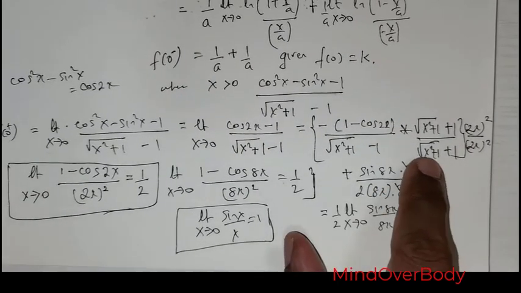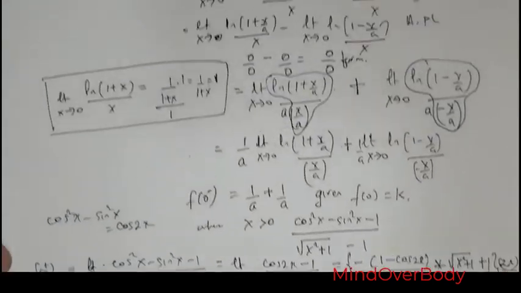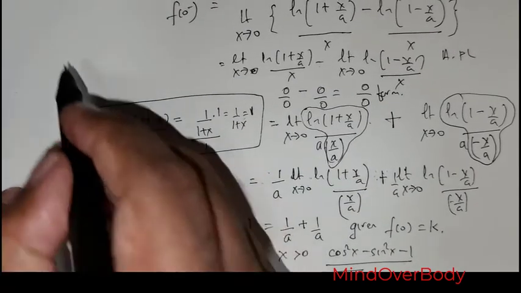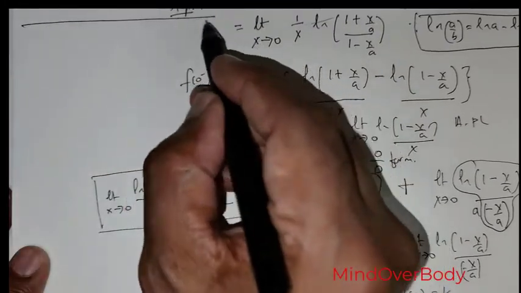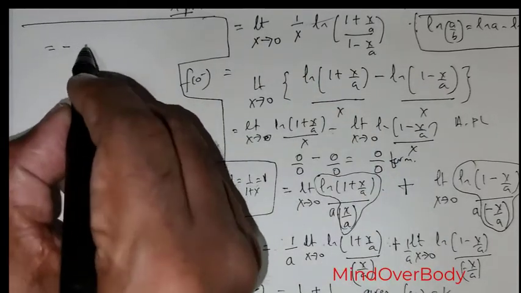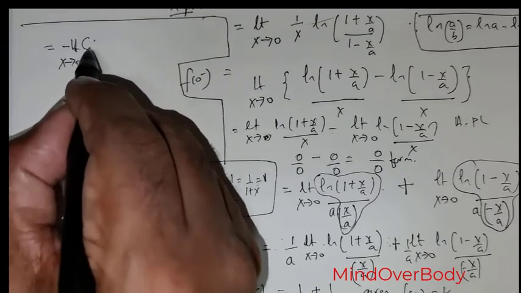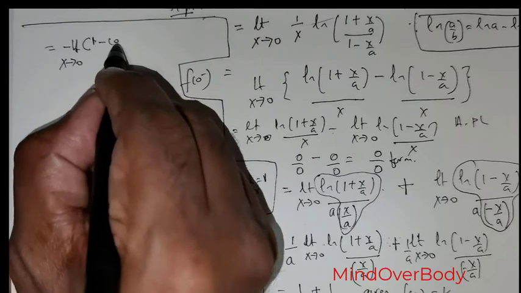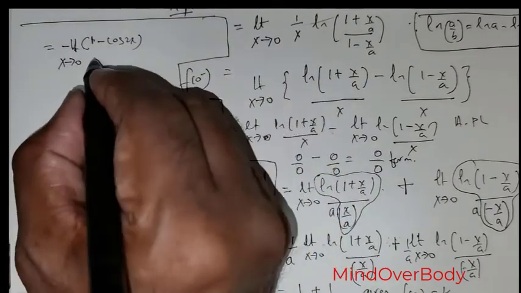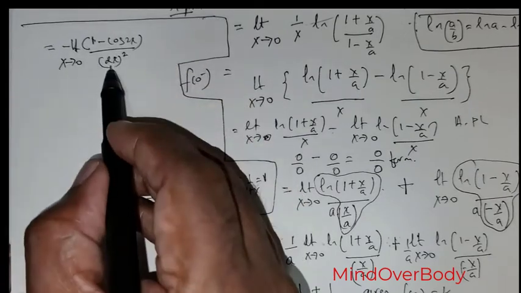Now if you are going to be multiplying these two things, let me just use this space to show you what exactly is happening. So this is going to be negative of the limit x tending to 0 of 1 minus cos 2x. Now I've already multiplied and divided by 2x raised to the power of 2, so you've got 2x raised to the power of 2 over here.